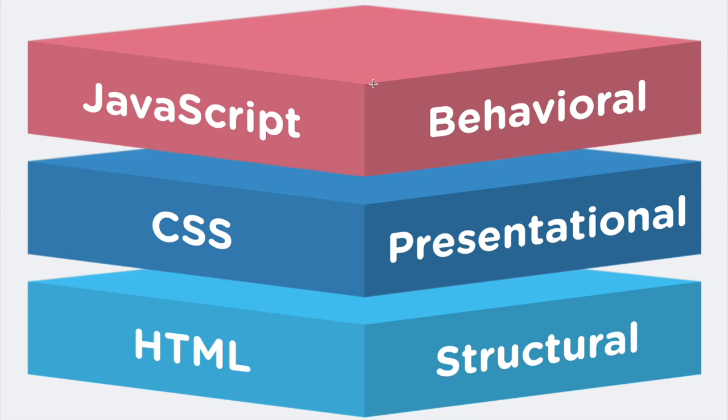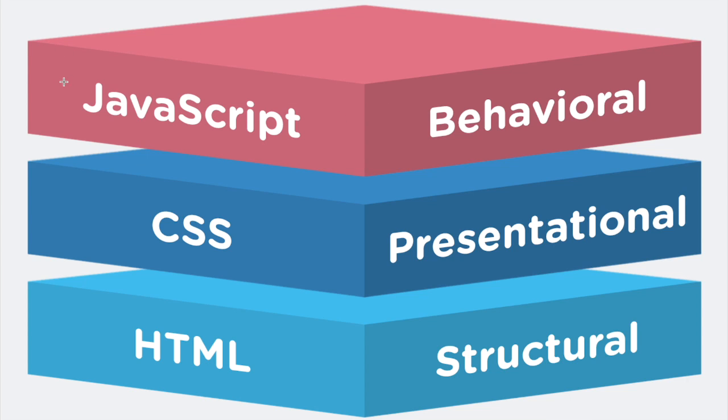So, first of all, with web development there are two ends, the front end and the back end. Front end is what we're going to be focusing on in this series, and that is the visual stuff that the client or the user viewing the web page sees and interacts with.